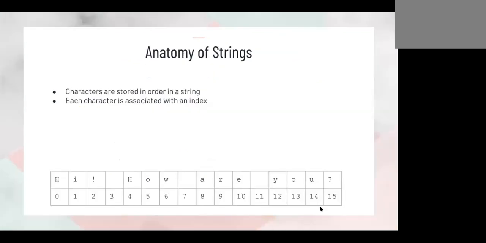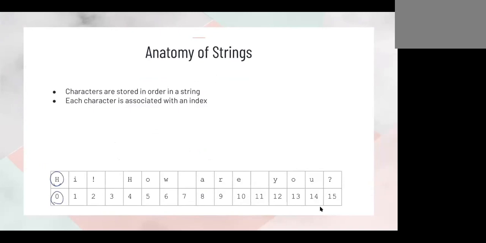We still have time, so I am going to go over the anatomy of strings. When we talk about the anatomy of strings, how characters of a string are labeled, we can say that they are stored in a very particular order where each character is associated with an index.